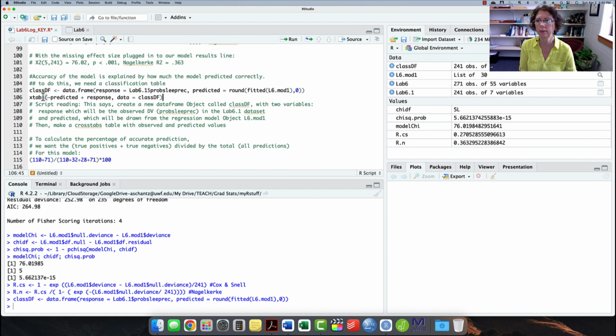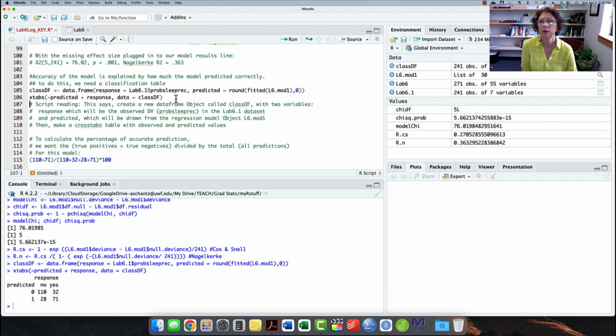And now we can make a crosstabs that is the predicted by response. And the data being used is that new data frame we just made. So when we do that, we have in our console here the classification table. Here's our response. That's the actual observed response.